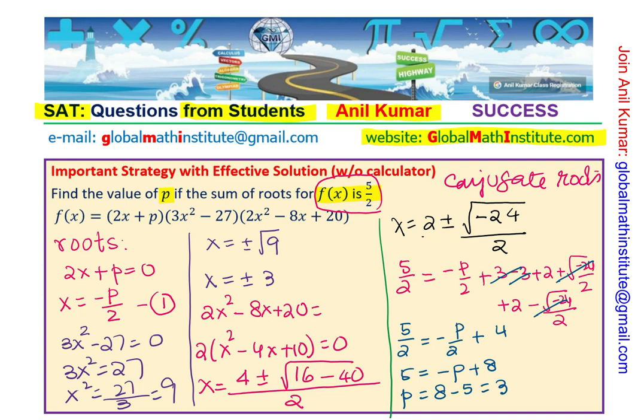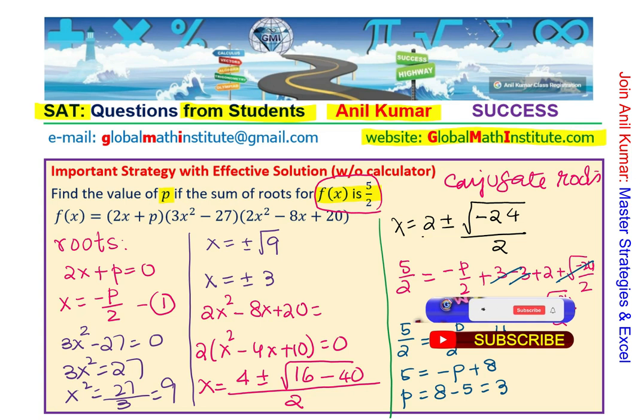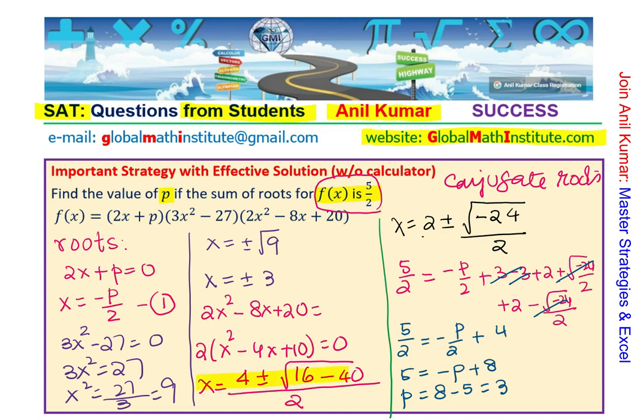Perfect. Now, I'd like to share with you a strategy. The strategy here is, since you realize that the roots are conjugate, you need not even do this calculation, right? So what I'm saying here is avoid it. And if you avoid this, what should you do? Well, when we are adding roots, just use minus b by 2a.